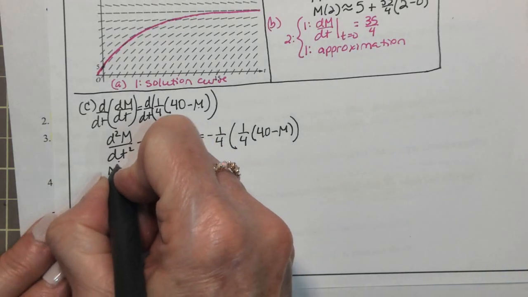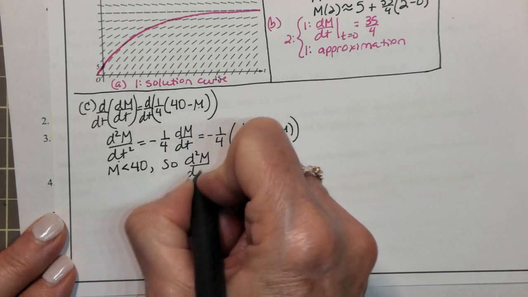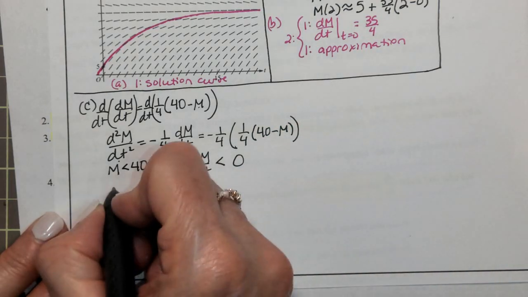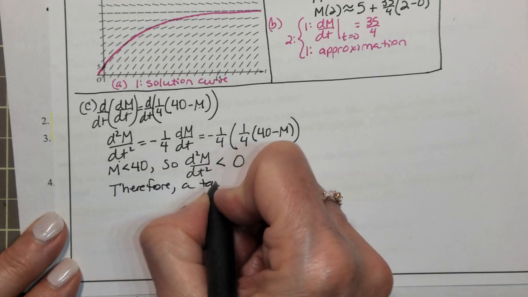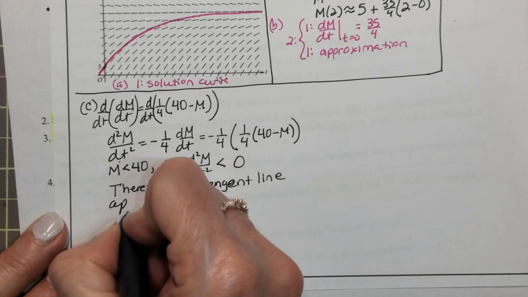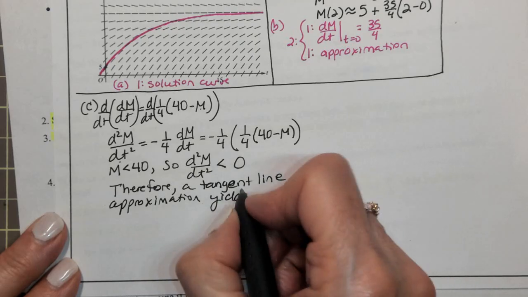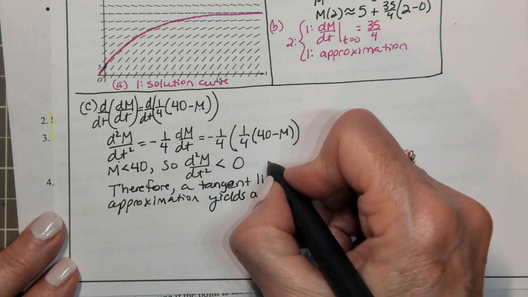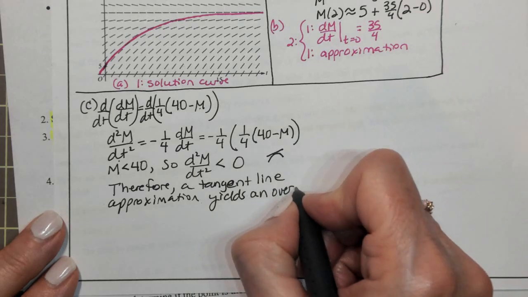So I'm going to say that m is less than 40, so the second derivative is less than 0. Therefore, a tangent line approximation is an overestimate, because it's concave down, so the tangent line is over the curve.